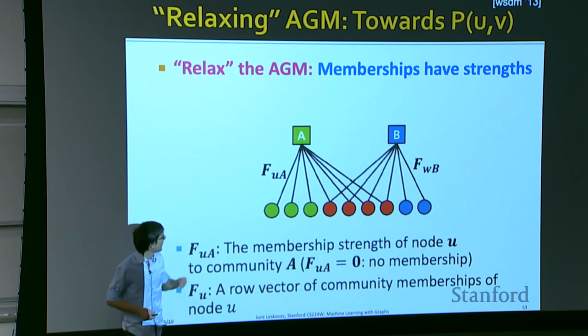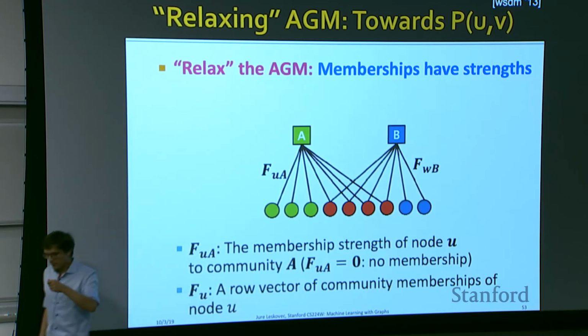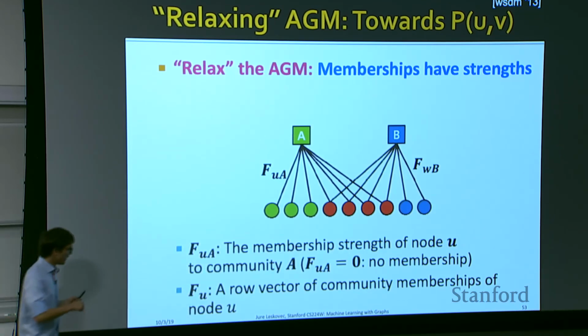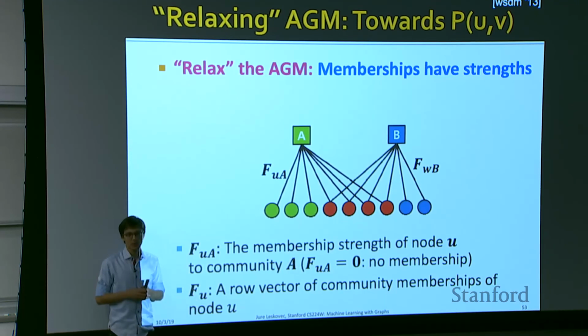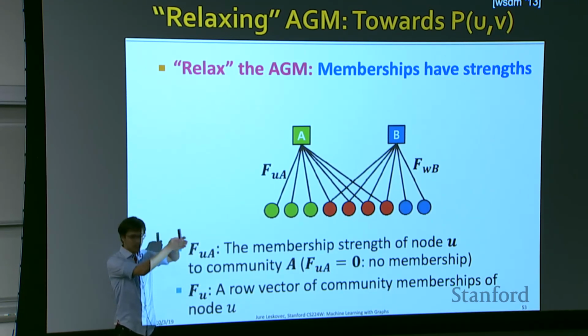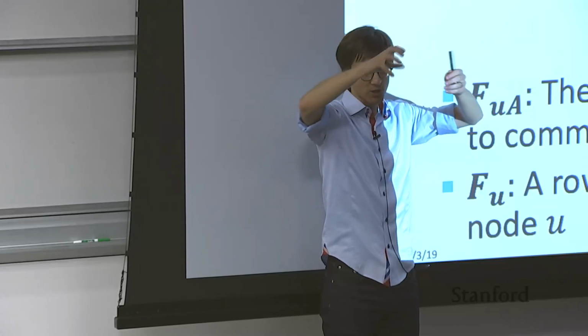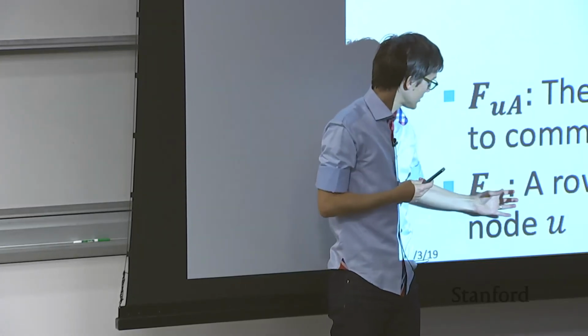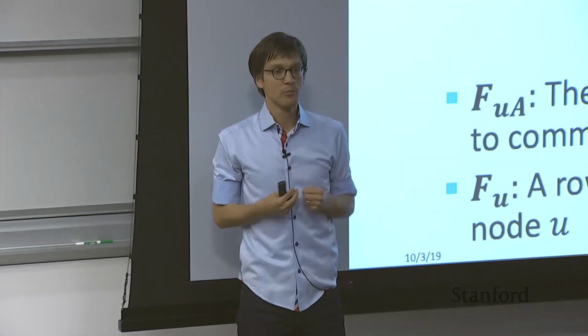This means that we will assume that every node has a row vector associated with it, where every component of the vector will be the strength of the membership of that node to that community. So if I have k communities, for every node I will have k values, where every value at position L will hold the strength of the membership of that node to that community L.